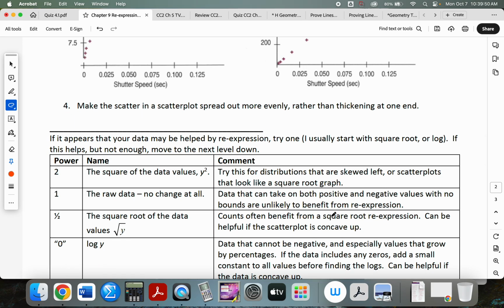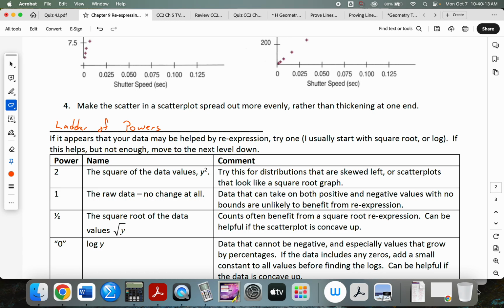All right, so this table down here is called the ladder of powers. And as I said earlier, for doing homework and stuff, this may be really important to you. Memorizing this for my test or for the AP exam, probably not.